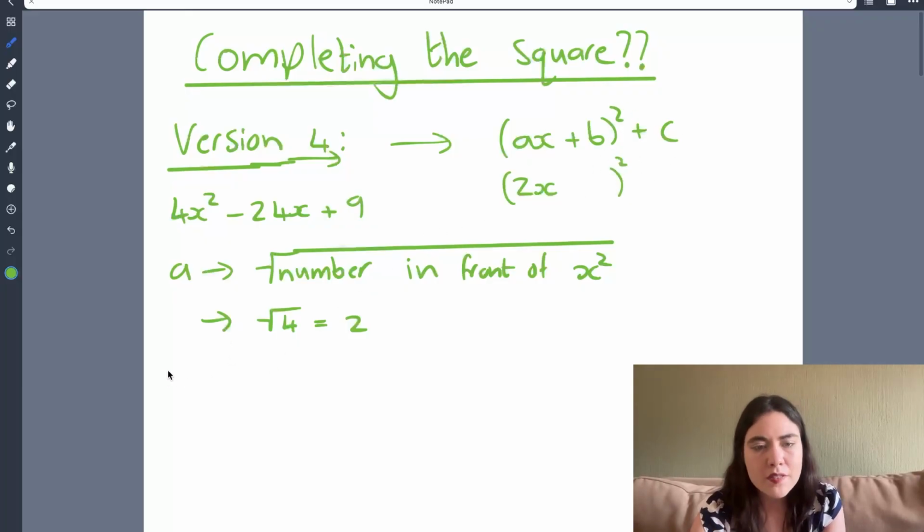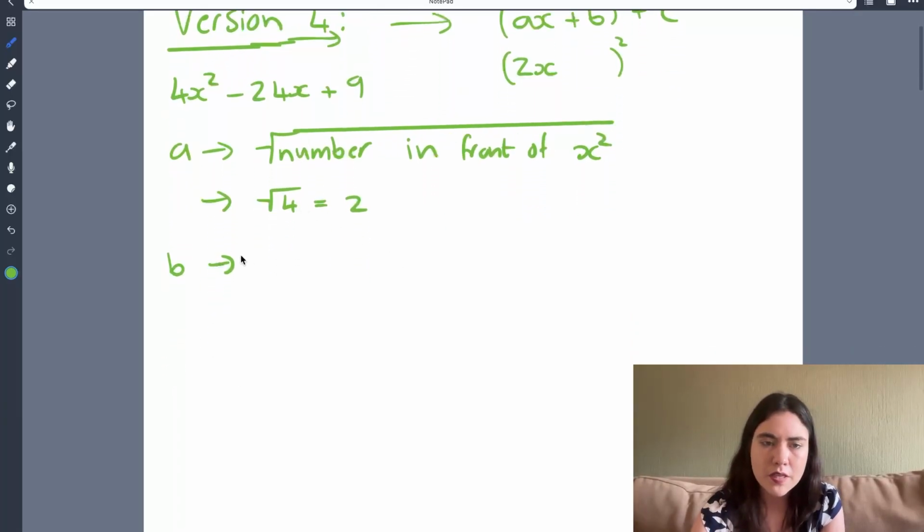All right, so b is the most complicated to find, so let's figure out how we find b. Now, the first thing we're going to do is take the value in front of x, not x squared, and divide it by 2. It's always dividing it by 2.